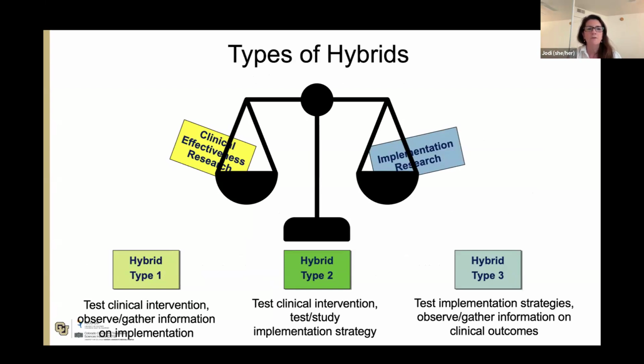The type 1 focuses more on the effectiveness, efficacy part of the equation. It looks at implementation, but it doesn't necessarily focus mostly on that. Whereas the type 3 is the opposite: you're testing the implementation strategies and then gathering information on the clinical outcomes. And then the type 2 is in the middle.